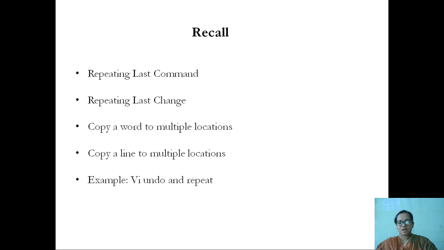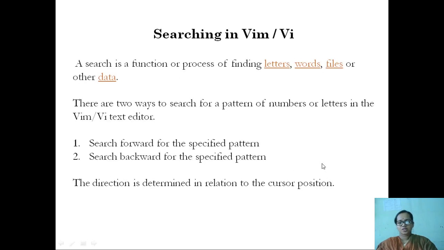It can be the last command or last change, or a word to multiple locations, or copying a line to multiple locations. We also saw an example of VI undo and repeat actions, how it was working step by step. Okay, so we will move to today's class, that is searching in Vim or VI editor.